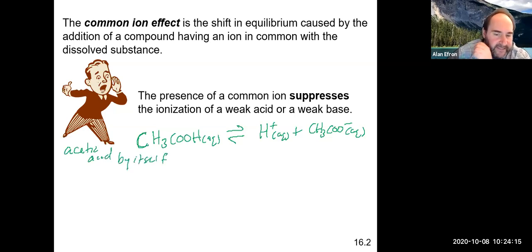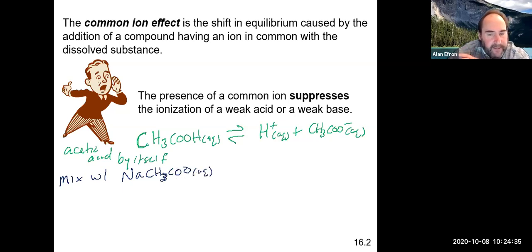But now, if we take acetic acid and mix it with some, say, sodium acetate, what's going to happen here? Let's think about what sodium acetate is. Sodium acetate is a salt, and when it is in solution, it's going to break apart into two things.